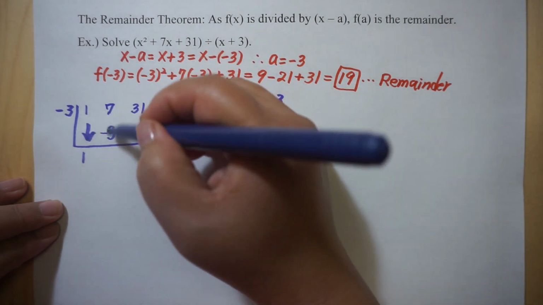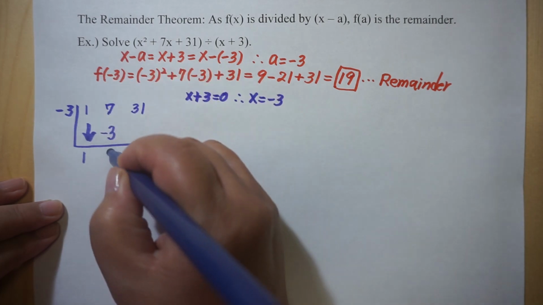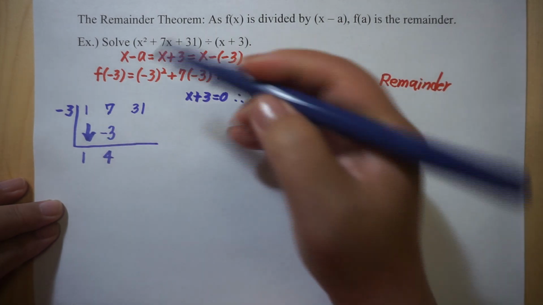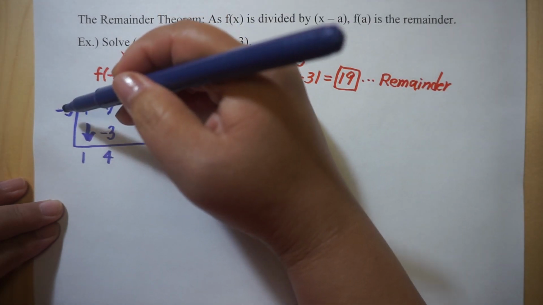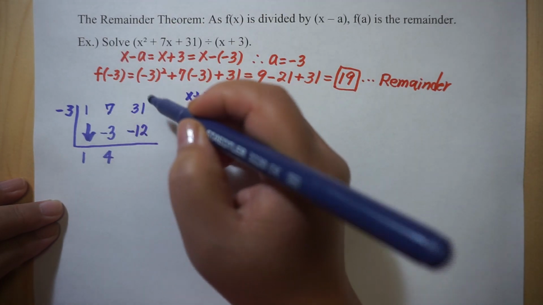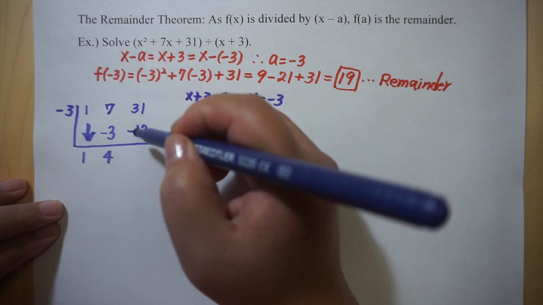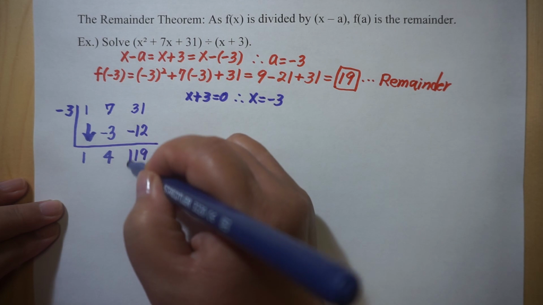And then we're going to add these two numbers, 7 plus negative 3, which is positive 4. And next we're going to multiply these two numbers. Negative 3 times 4, which is negative 12. And then we're going to add these two numbers, and it's going to be 19.